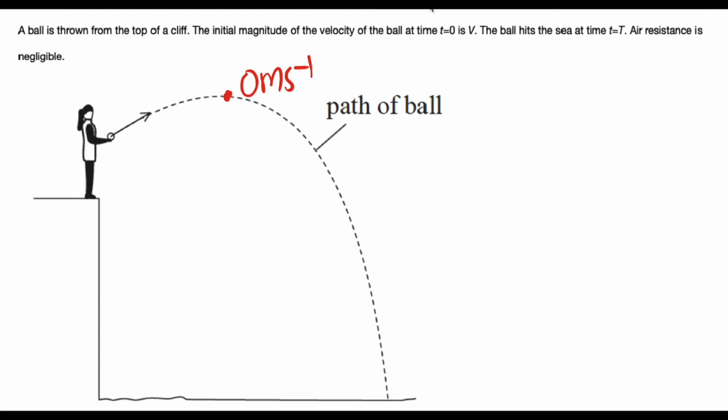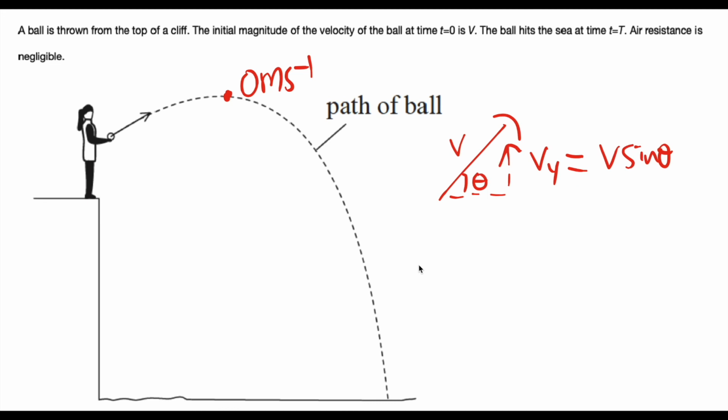Another thing is we are talking about the vertical component. Here the initial velocity is equal to v. Let's say here is theta. Then the initial vertical velocity, I'm going to use v sub y to represent vertical velocity, is going to be v sine theta. And from trigonometry or from visualizing the triangle, we know that v sine theta is always less than v.